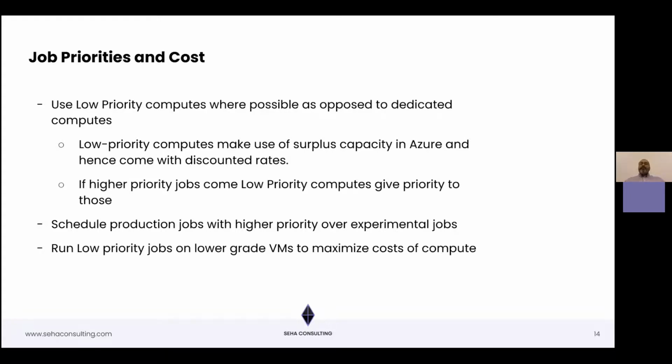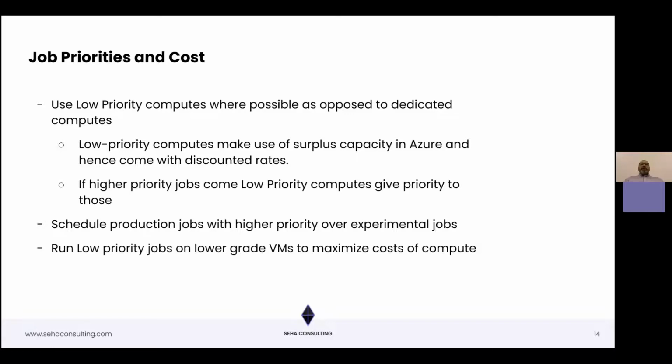But when you have experimental jobs, when you're using AutoML and trying to score different models, or other training development tasks, maybe that's a good candidate for the low priority computes. And even beyond that, for jobs where latency is not an issue, you can even run them on lower grade VMs to maximize the use of those computes and minimize their cost.